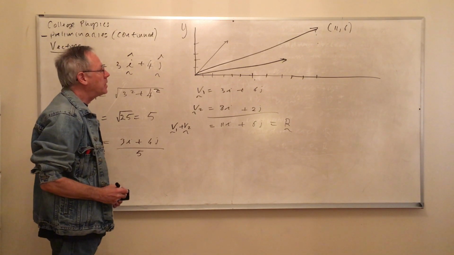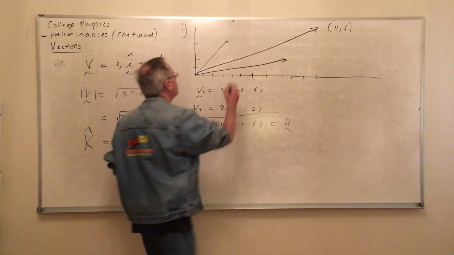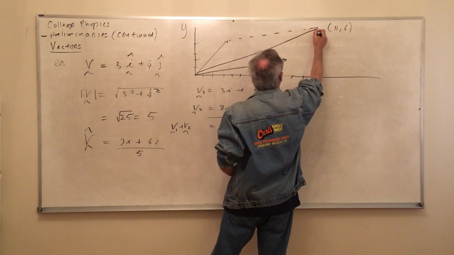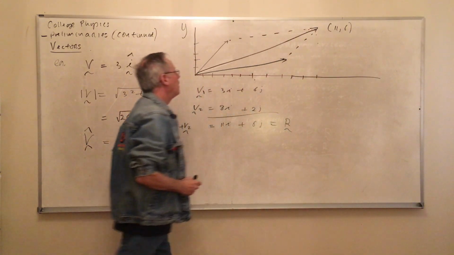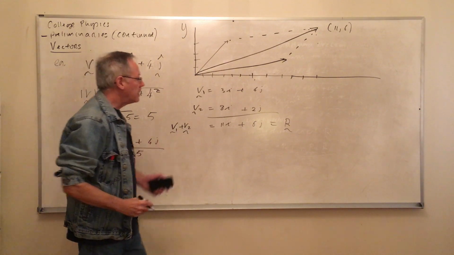We can add these vectors using the parallelogram method, because this is a parallelogram. Or we can make a triangle to add the vectors.